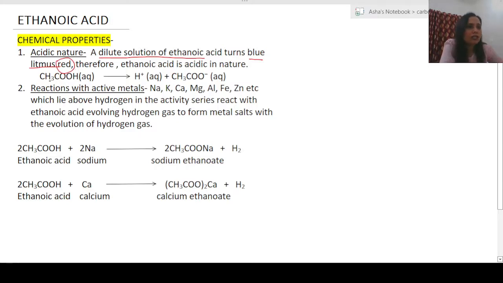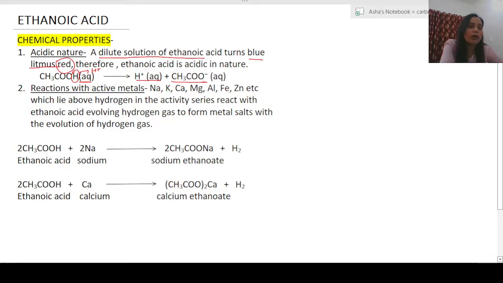Here CH3COOH, and in brackets it is aqueous, which means that it is diluted. When it is mixed with a little bit of water, it will release the H plus ion. This H plus aqueous will come out, and CH3COO minus will be left.